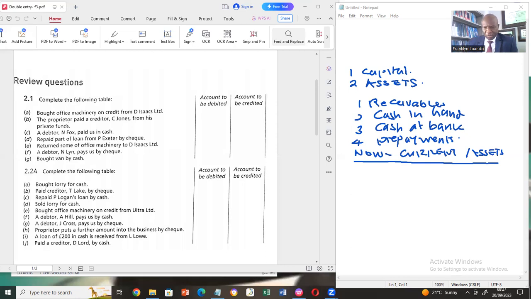So we have a number of examples there. Number one, we have land and buildings. Land and buildings is an example of a non-current asset. Two, we have motor vehicles. Then we have fixtures and fittings.